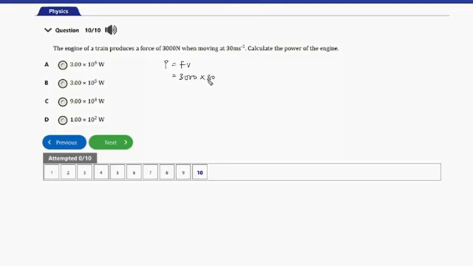So 3000 newtons times 30 meters per second will give us 90,000 watts, and that's 9 times 10 to the power of 4 watts. So that's option C here, guys. Option C is the answer to this question, and this is where we end this video for today, guys.